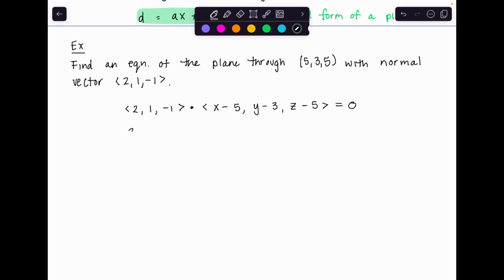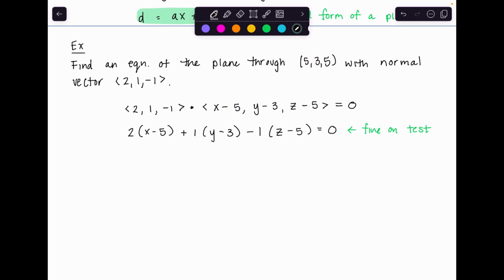So going through that, that will give us 2 times x minus 5 plus 1 times y minus 3 minus 1 times z minus 5 equals 0. Okay. This part is perfectly fine on your test. I don't need you to distribute this out and rearrange some algebra. So on any written portion, if I ask you to find the equation of a plane, this is good.